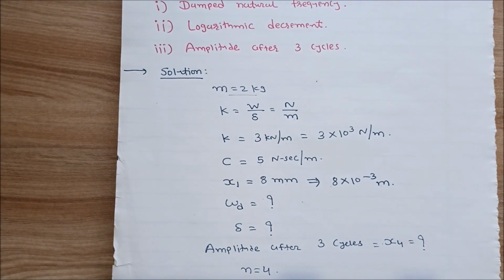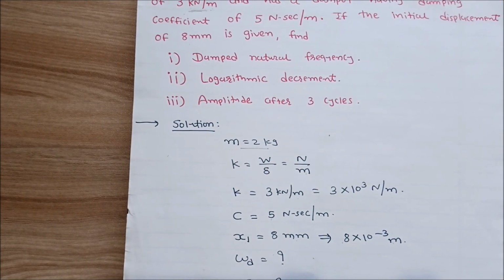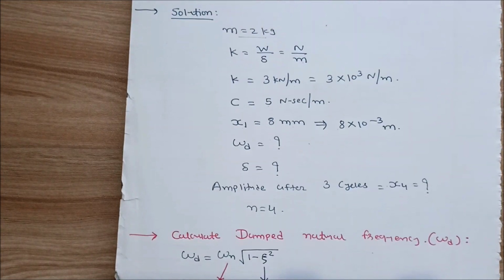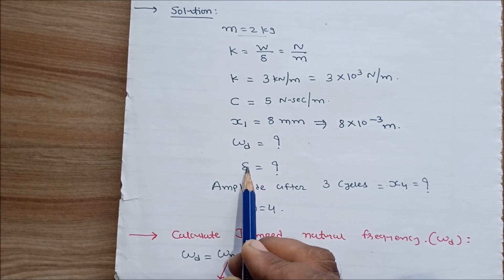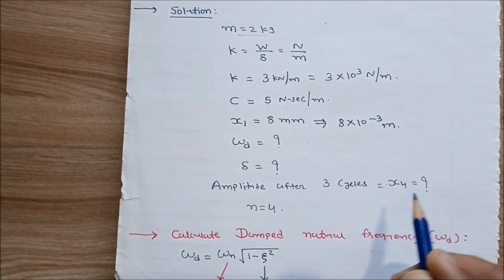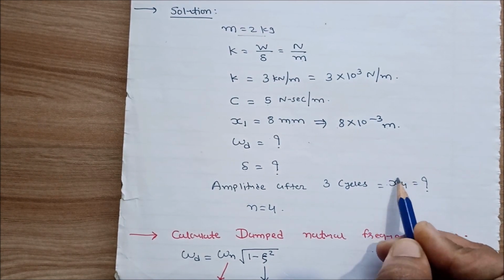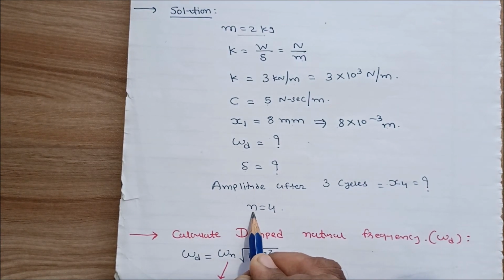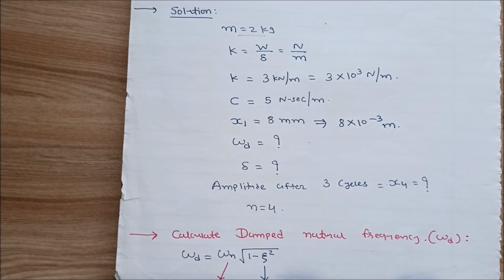We have to find damped natural frequency omega d, logarithmic decrement delta, and amplitude after 3 cycles. After 3 cycles means we have to find x4, so we take n is equal to 4.